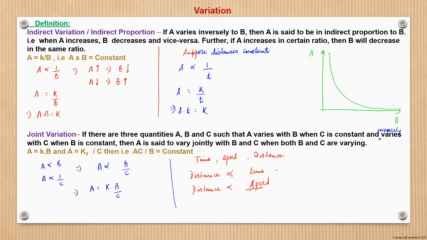So from these two I can say that distance is directly related to time into speed, right? So I remove this proportion sign here and I can write d is equal to some constant k into speed into time, right? So this is the generic form. So here both the variables were directly proportional. Now I'll take one more example here.